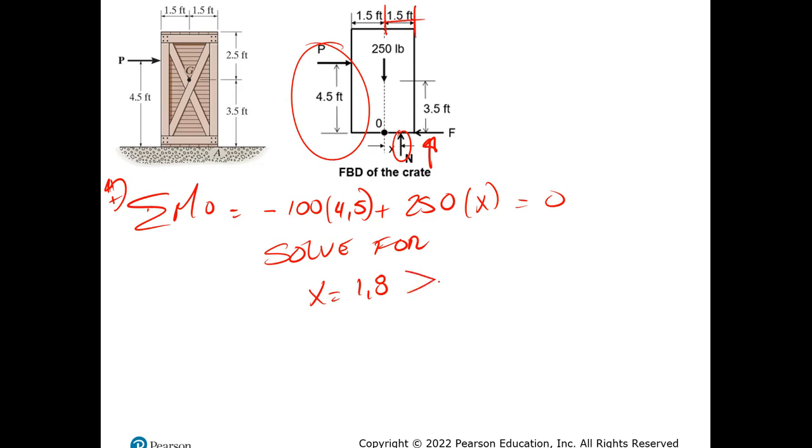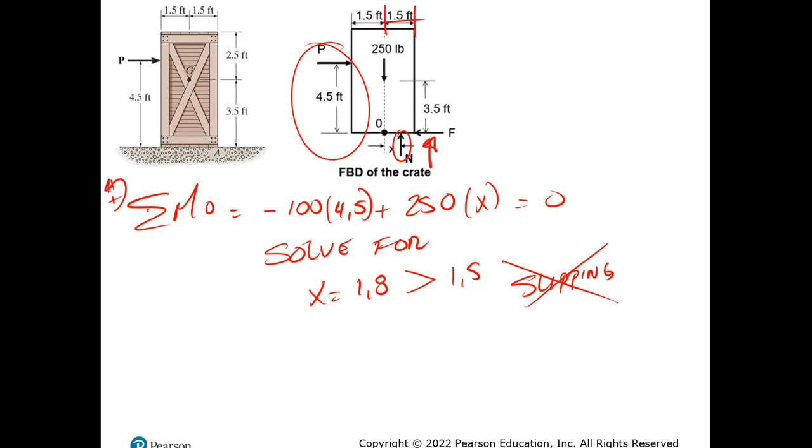Because this one is more than 1.8, I will know that sleeping will not occur. And now that sleeping will not occur, I need to check for tipping. Okay?